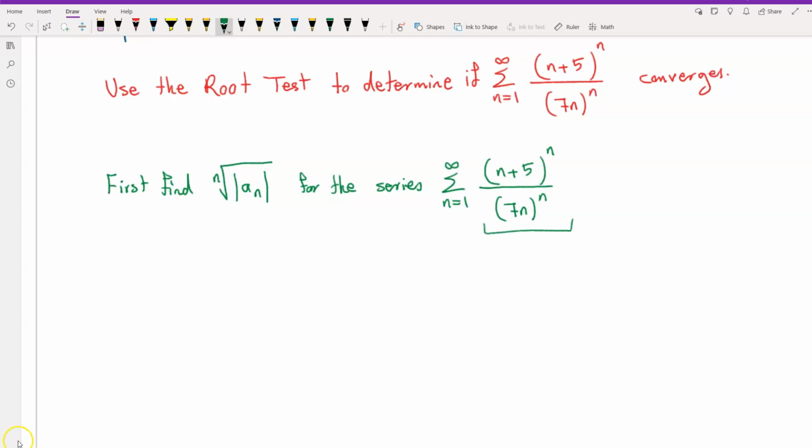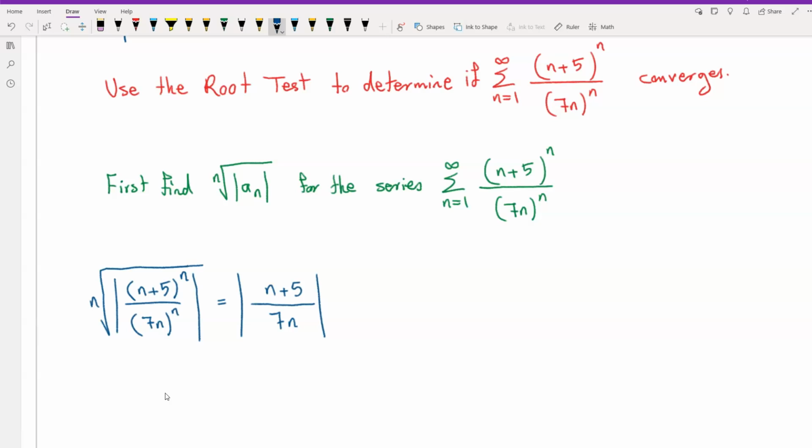The nth root of the absolute value of (n+5)^n divided by 7 times n^n is equal to, canceling these because of having the nth root, the absolute value of what's left, n plus 5 in the numerator and 7 times n in the denominator.